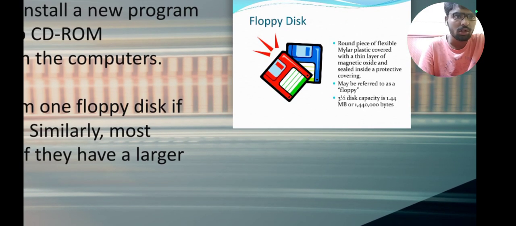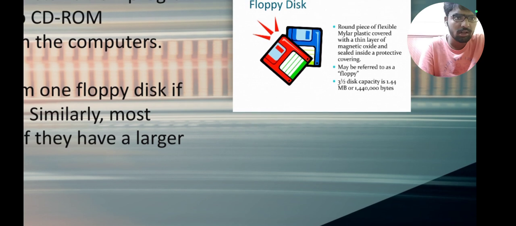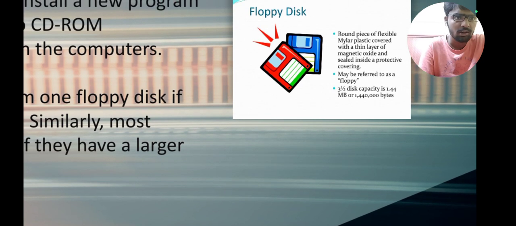A floppy disk is a round piece of flexible Mylar plastic covered with a thin layer of magnetic oxide, and sealed inside a protective cover. These are how floppy disks are made, and they may be referred to as floppy.